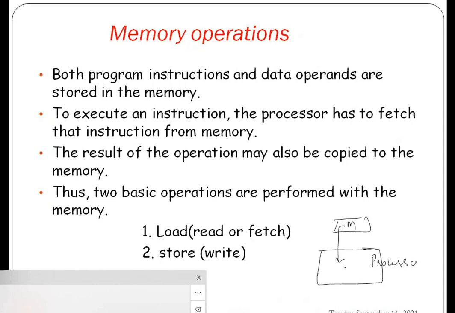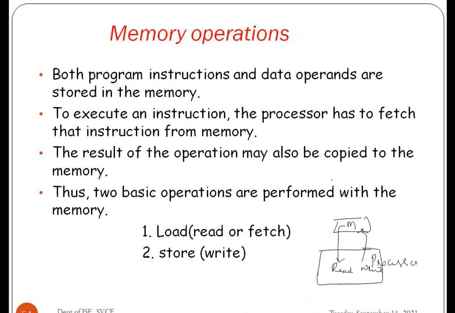After executing that instruction, whatever result the processor gets, it is going to write back into the memory. So there is a read of data and this is the write of data operation. Mainly read and write are the two operations that take place with respect to memory.